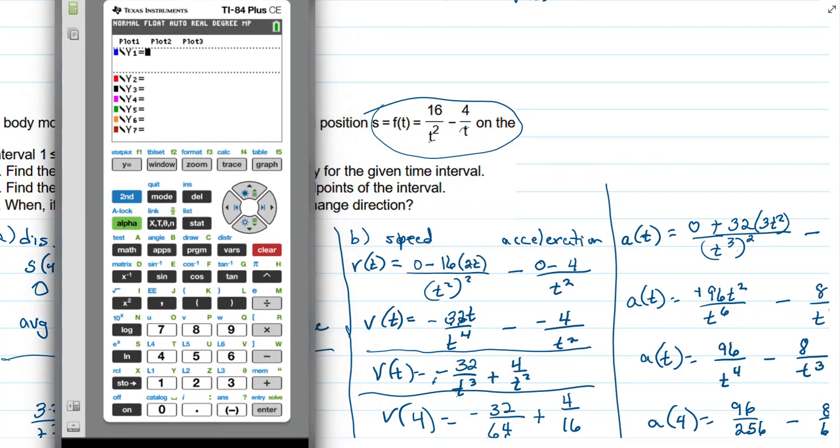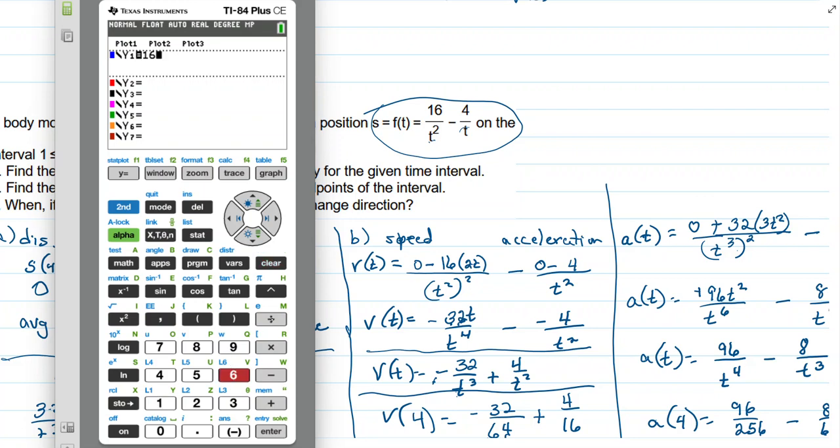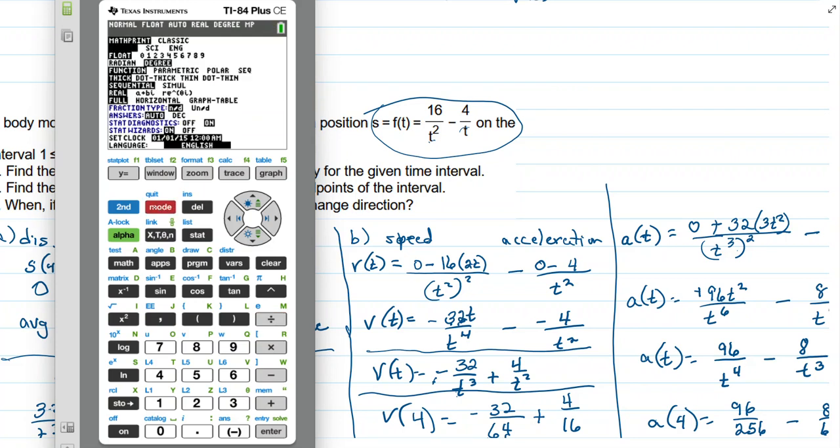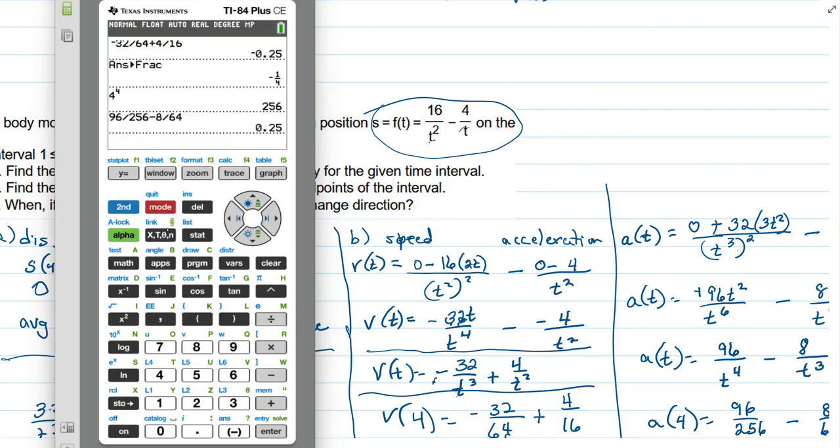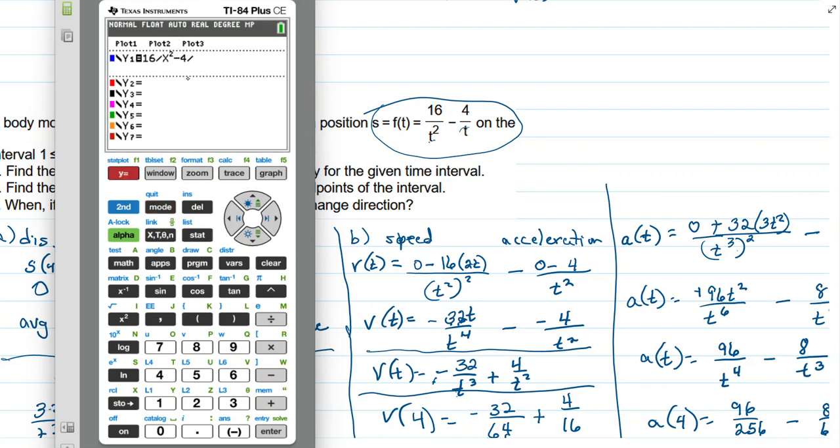Good that you graphed it. I love that. Just messed up on nothing.